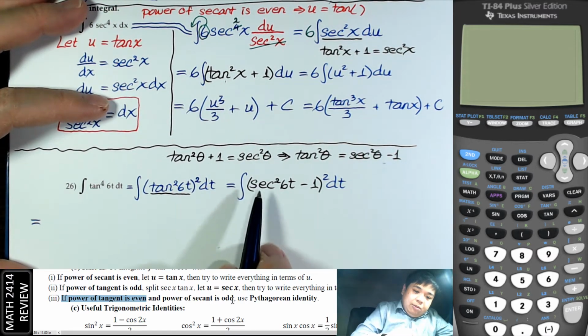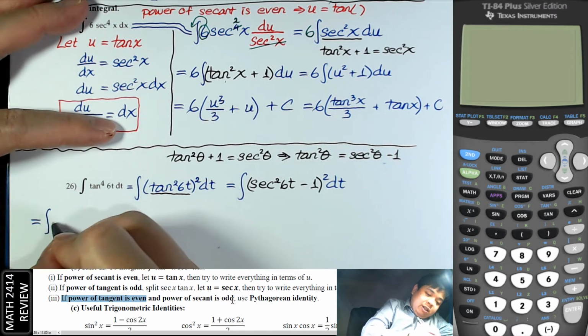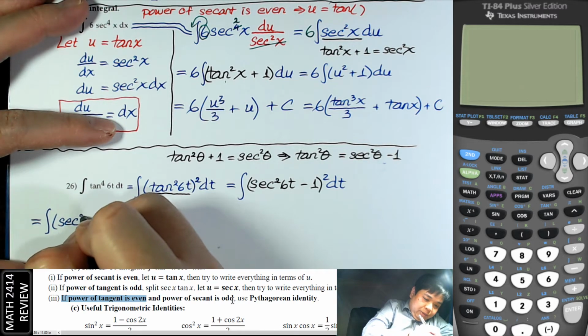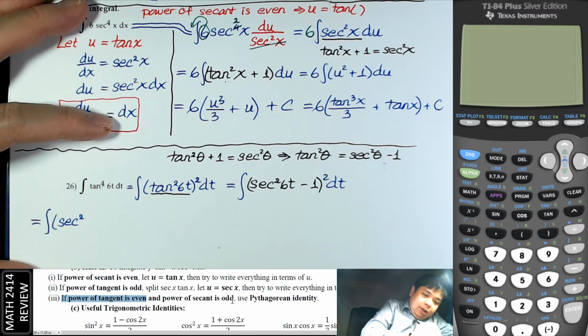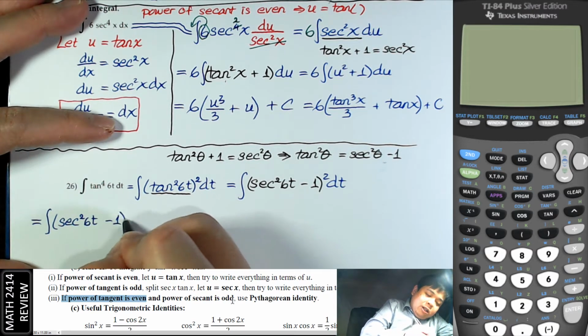Now, just square this by multiplying by itself. Secant square of 6t minus 1 times itself.